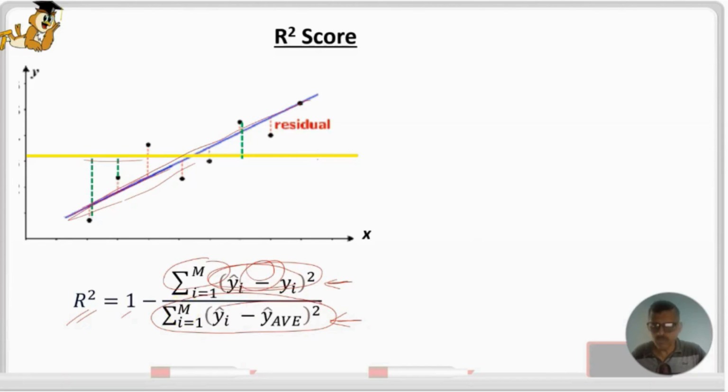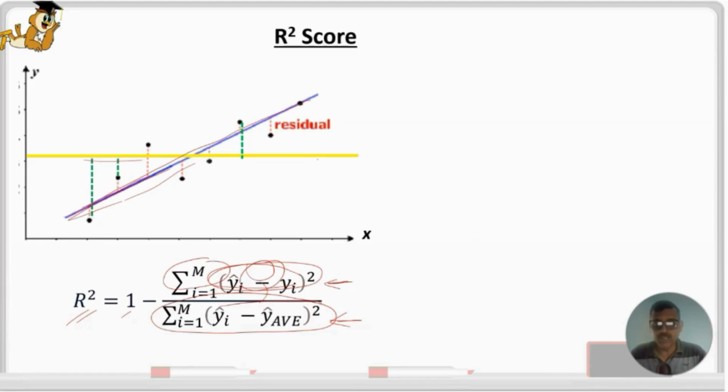That would be your expectation. In which case the R square score is going to be less than 1, because this will be non-zero, but it will be a quantity that is less than the denominator, and your R square will therefore be 1 minus a quantity that is less than 1. Now, let me be very clear.